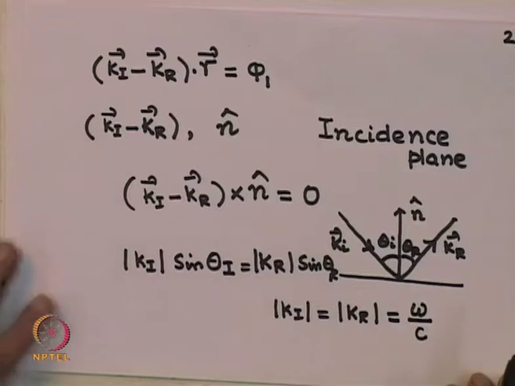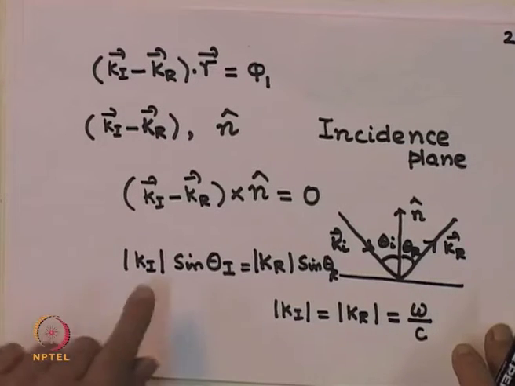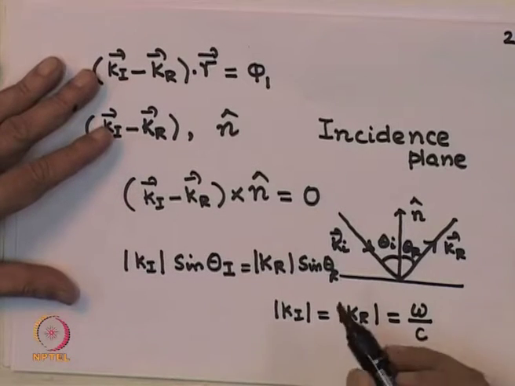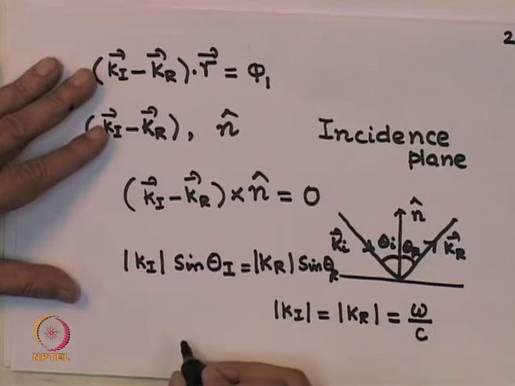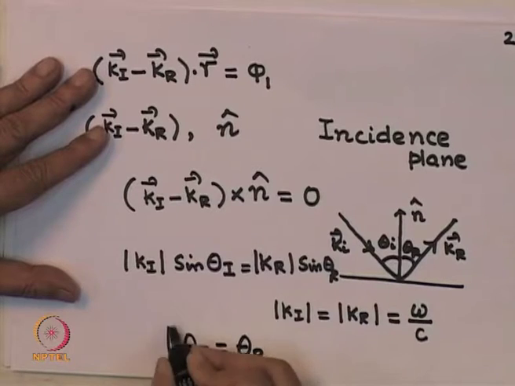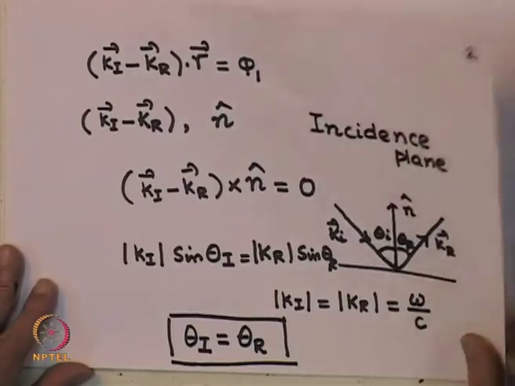Since I have taken it to be vacuum, let the velocity be the velocity of light c. Since these two magnitudes are the same, sin theta_i is equal to sin theta_r. Alternatively, the angle of incidence is equal to the angle of reflection, which is of course a very well known law to us. Now we understand it on the basis of the electromagnetic theory.